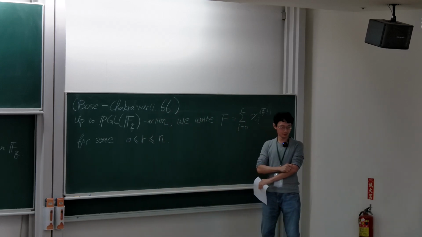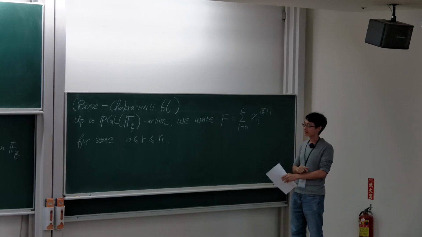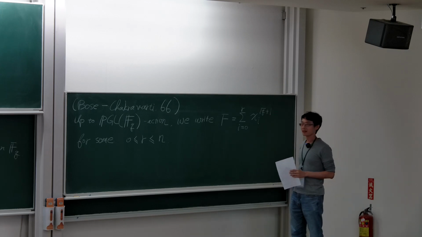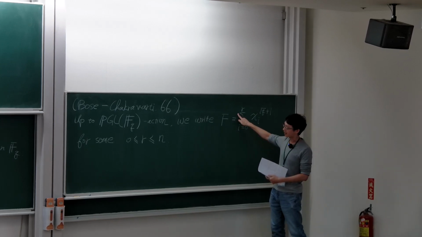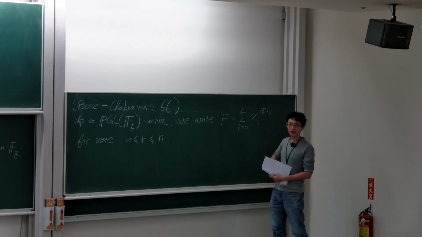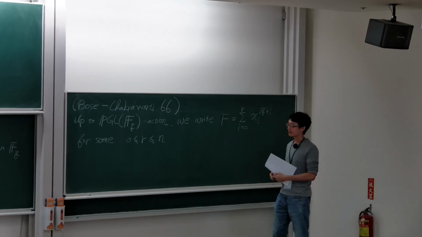Okay. So this means that up to PGL action, every Hermitian variety can be expressed by some Fermat equation. And once you fix the dimension and also the rank, which is r plus 1 of the square matrix H, then they are the same.